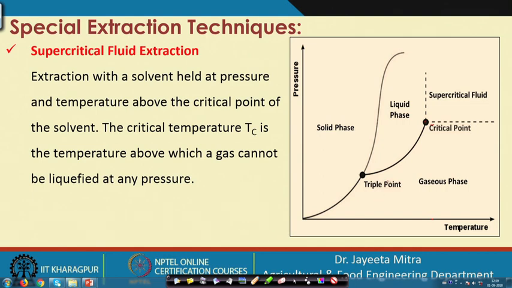and the effect of pressure is very much observed in this particular case. However, the effect of temperature in supercritical extraction is not that pronounced, because supercritical fluid extraction has been developed focusing on the principle that above the critical point, if we increase the pressure, then the solubility of the component in that supercritical fluid will increase.